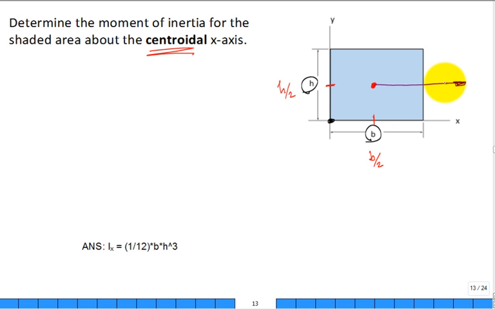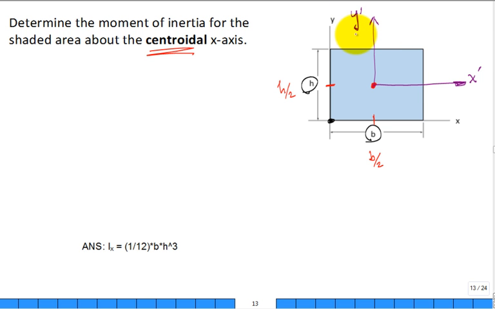It's what we call the centroidal x-axis. Maybe not to confuse it with the other x-axis, you put an x prime, or maybe you put xc or some other notation. I think prime is the notation used in this textbook. This is the centroidal y-axis for that area, y prime.